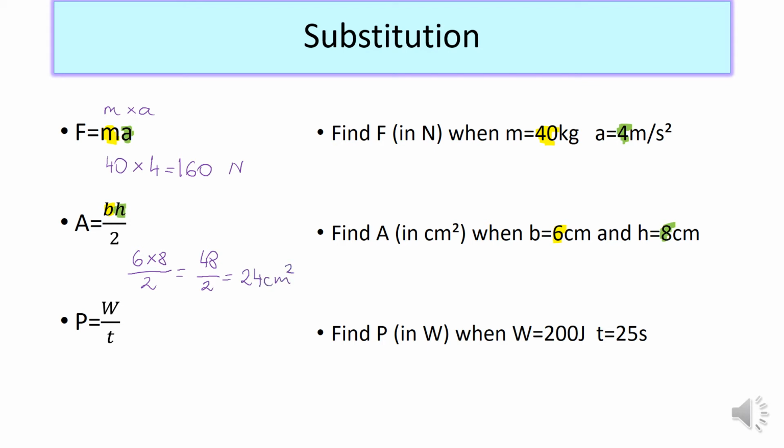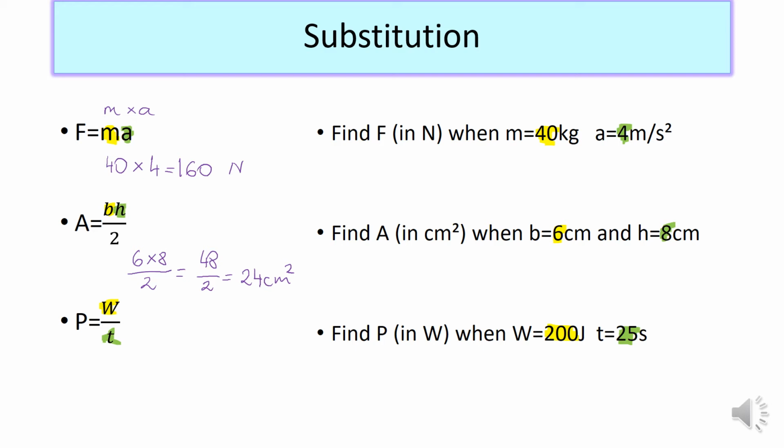And in the next one, we've got W. So every time I see W, I have to use 200, well, there's only one W, and when I see T, I need to use 25. So now I'm going to substitute those values.